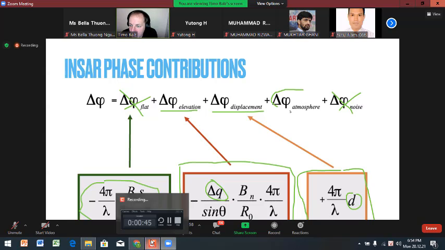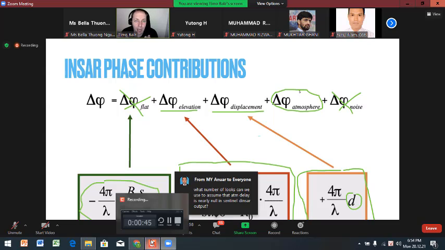Now, in terms of the atmosphere, we do not have an equation to calculate that. I showed you one, right, when we talked about InSAR, or also space geodesy.